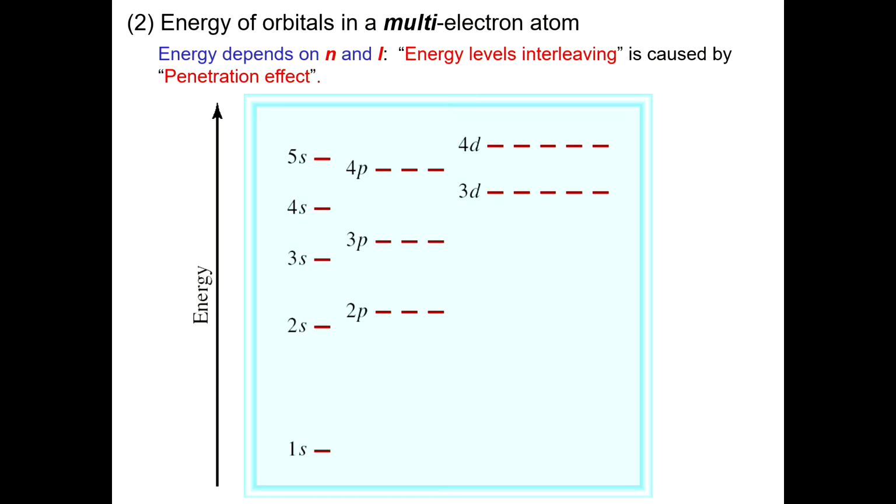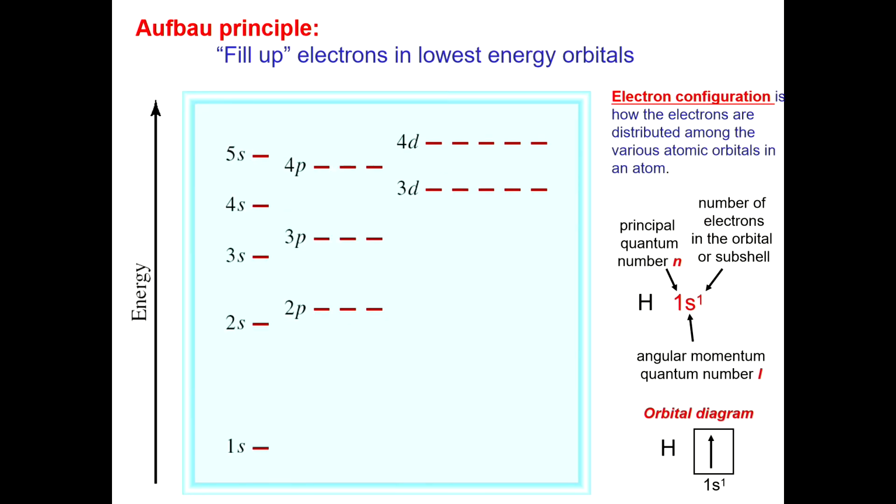Now we know the orbital energies like this. After we get this, we can fill the electrons into the orbitals. Here this is n equals 3, and this is n equals 3, l equals 2, right? For example, the first atom is hydrogen.